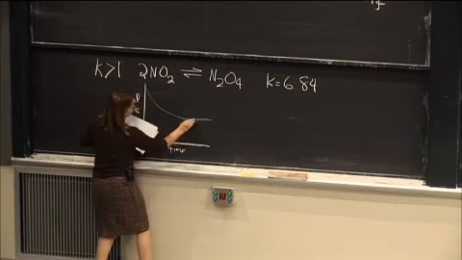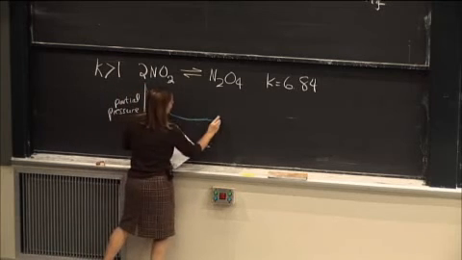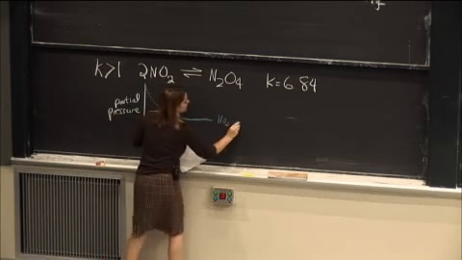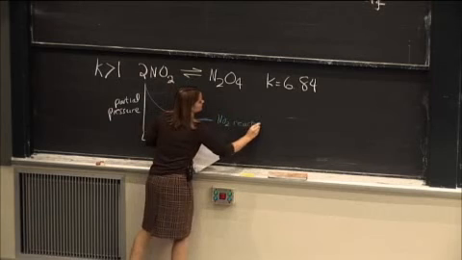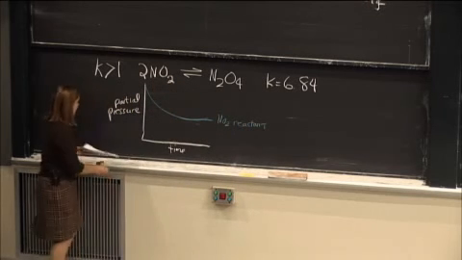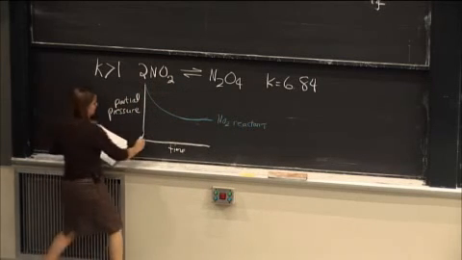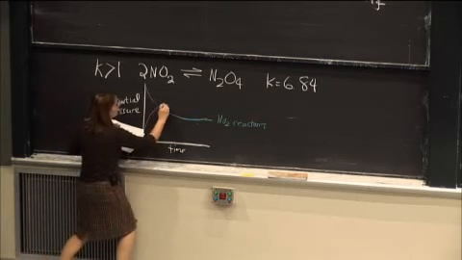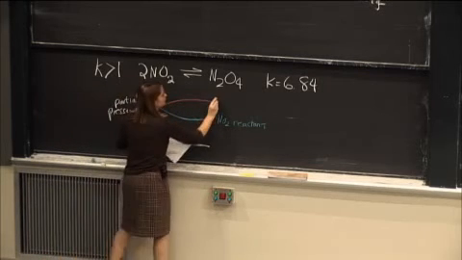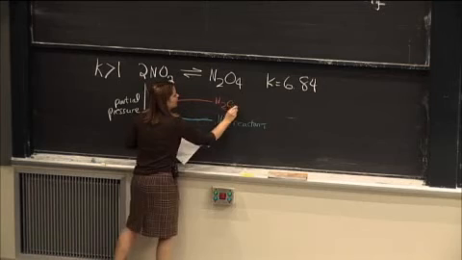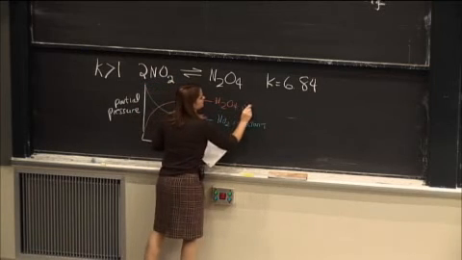So reaches equilibrium. Originally, we have no product. And so product is going to go up and be formed, and then it's going to level off as you reach equilibrium.